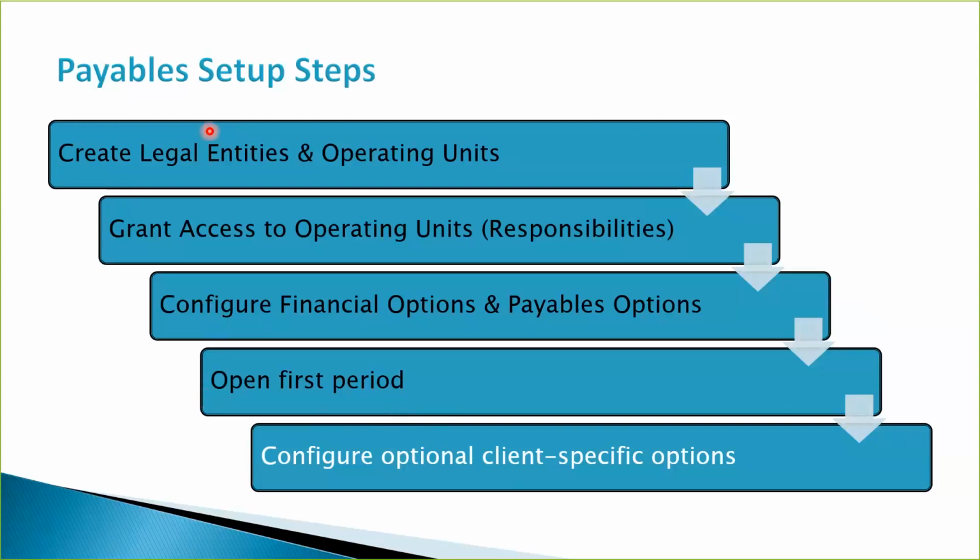So just remember that these first 4 steps are mandatory in order to have a fully functioning AP module. And then after that, you can go and implement any other specific options that the client might want.